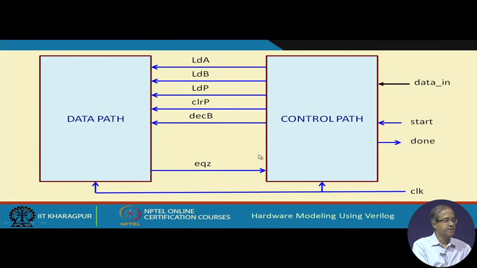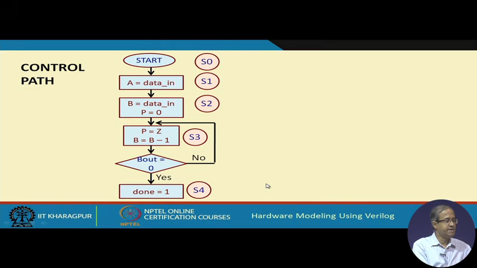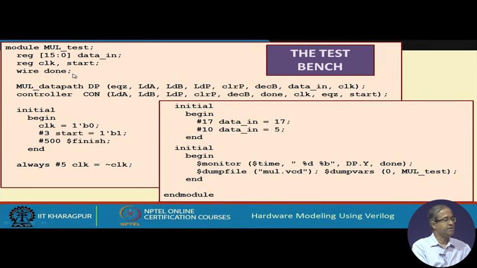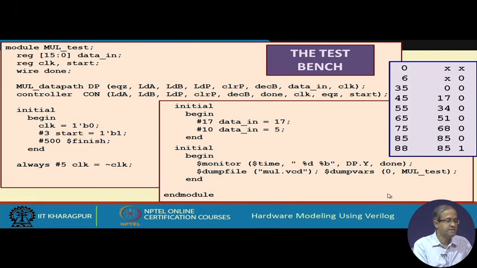This output of P is not directly available as a signal in this module, but you can access a signal from the other module, from DP. y is not available in the parameter list, but you can write dp dot y, access that y and print the value. This is possible. So, we are printing that value and also the status of done, and dumping them into a file. If you actually simulate this, this is the kind of output we are getting.